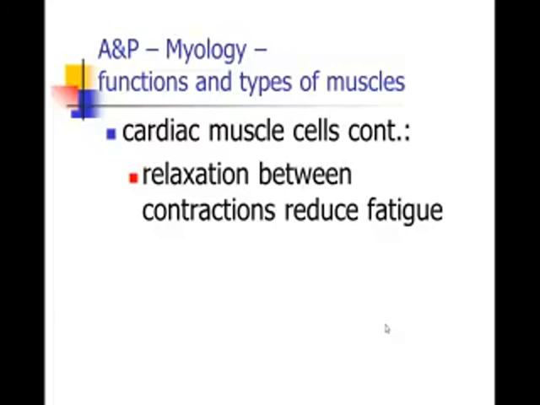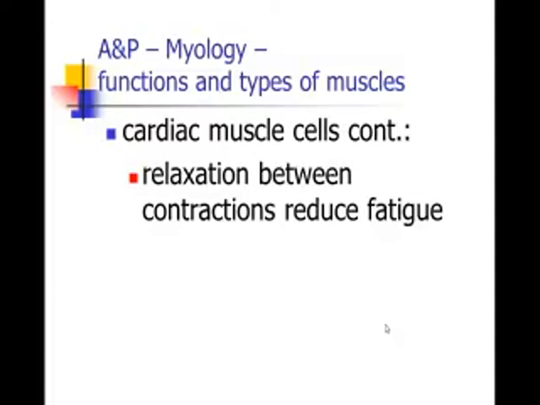One of the interesting things about cardiac muscle cells is that if we were to look at their action potentials, there's a long plateau where they remain depolarized, and then they have repolarization. That long plateau means that the cells can stay contracted, but they also have a really long refractory period, and that forces them to relax between contractions.